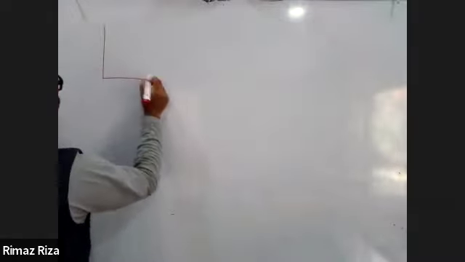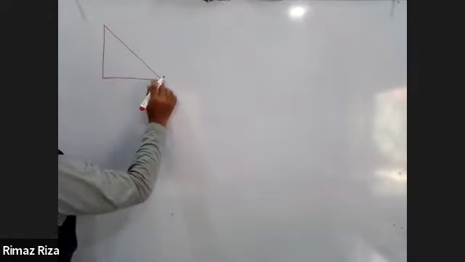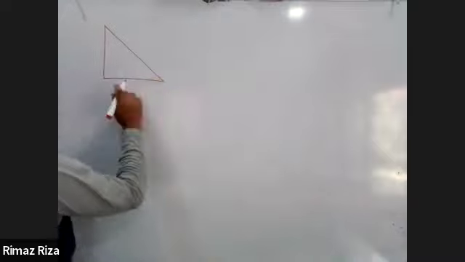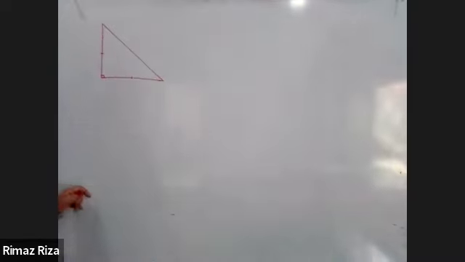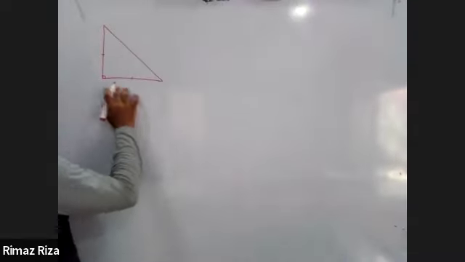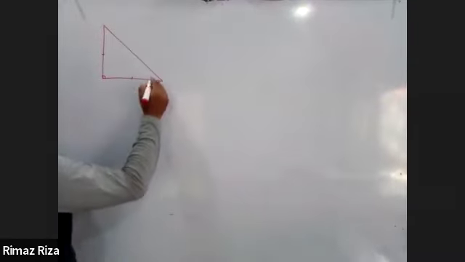Okay, the next one. So now we have a right angle isosceles triangle.